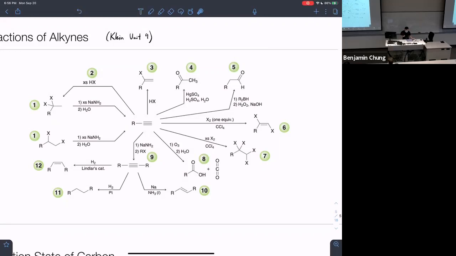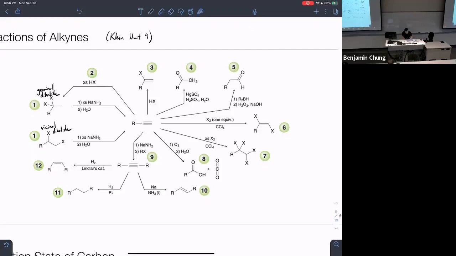Okay, so we'll just systematically go through all of these reactions like we did before. So first, to generate alkynes, we can generate them from either geminal dihalides or vicinal dihalides. So this here is a geminal. And this here is a vicinal.